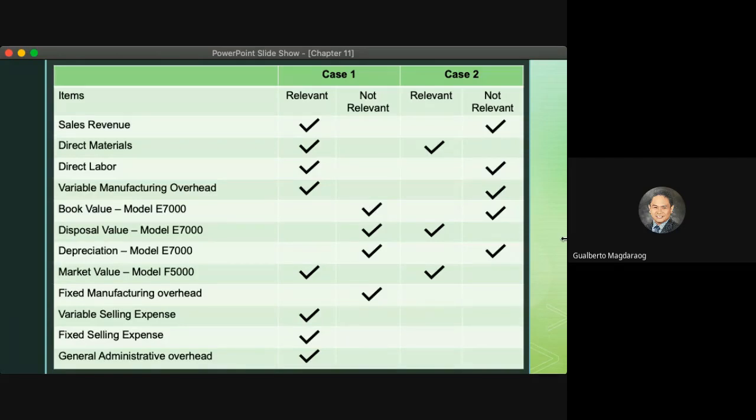Fixed manufacturing overhead, nothing was mentioned in the case that it changes, so irrelevant, as well as the variable selling expense, since there are no changes in the number of units sold, irrelevant. Fixed selling, no changes, and general, no changes, irrelevant.